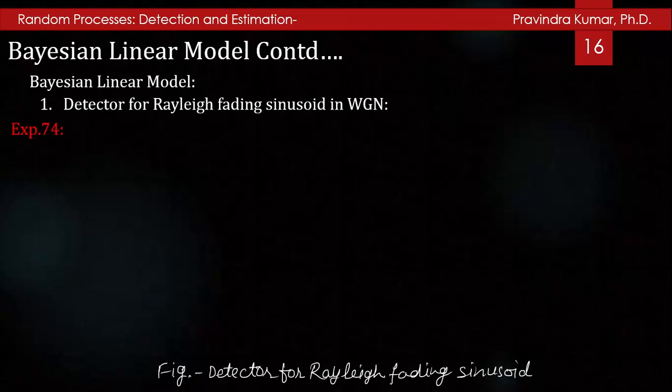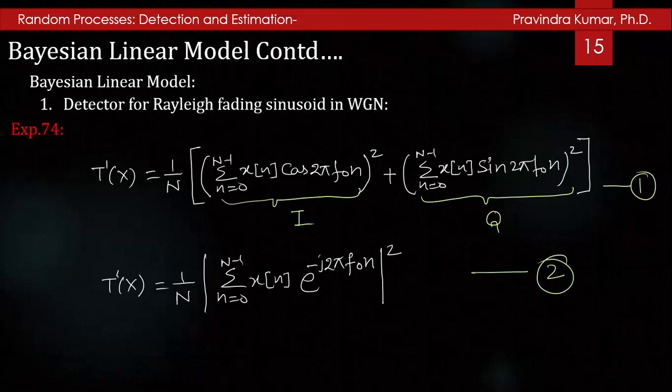So for the quadrature or incoherent matched filter case, we have 1 by n summation n0 to n minus 1 xn e to the power minus j 2 pi f naught n, or it is summation n0 to n minus 1 xn cos 2 pi f naught n whole square, and summation n0 to n minus 1 xn sin 2 pi f naught n whole square.